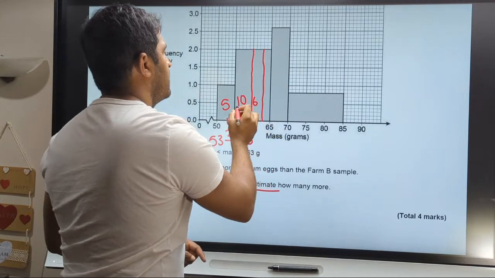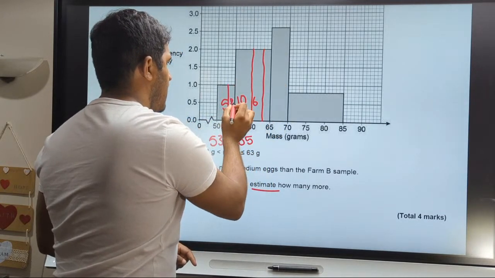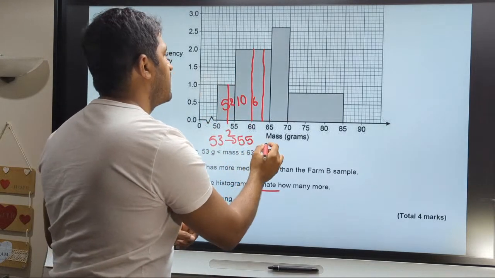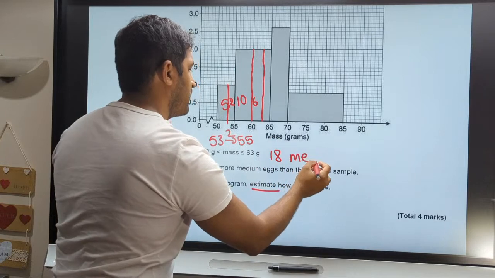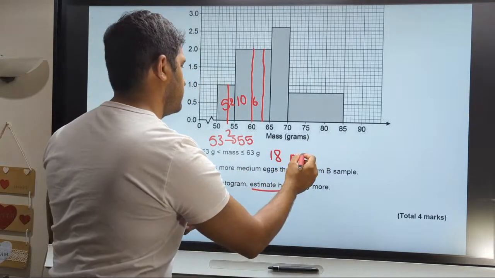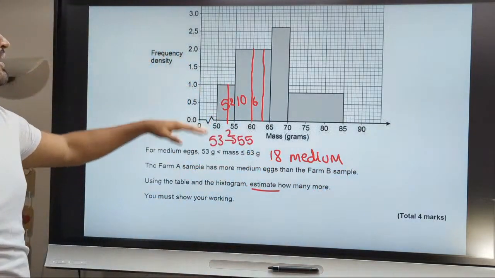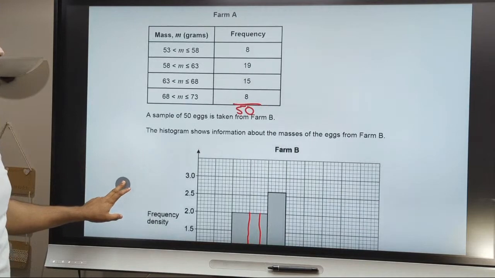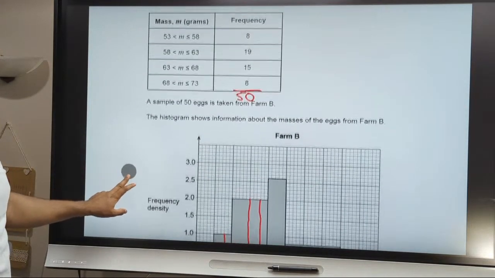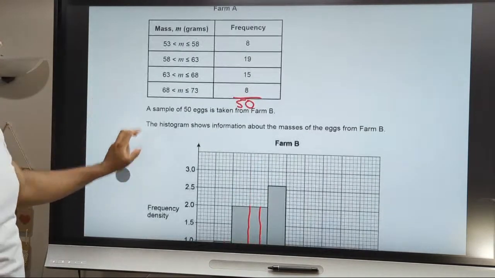63. Okay, so we go 16 and 2. That's 18. So we get 18 medium eggs from this data here, from farm B. Okay, let's see how many we got from farm A. Farm A starts from 53 and goes up to 63.